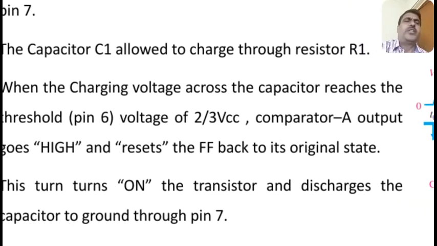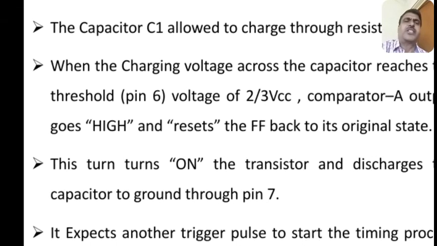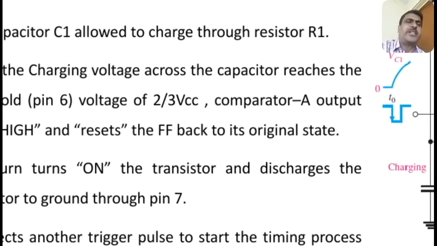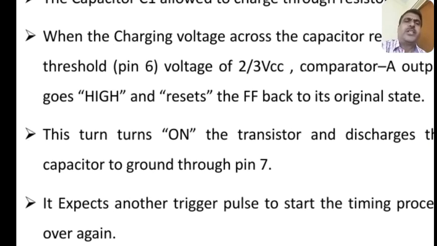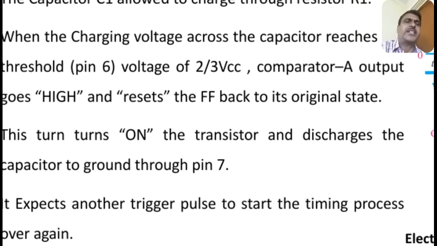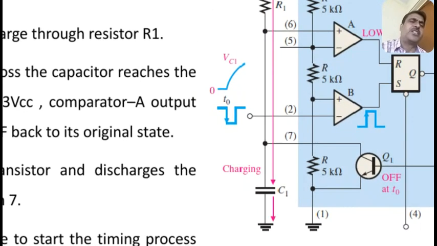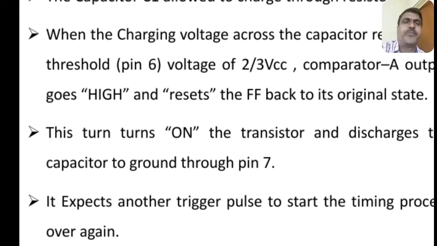When the charging voltage across the capacitor reaches the threshold voltage of 2/3 VCC, comparator A output goes high and resets the flip-flop to its original state. So when the capacitor charges to 2/3 VCC, upper comparator will change state, so the output of the RS flip-flop will change, so therefore the output goes to low.